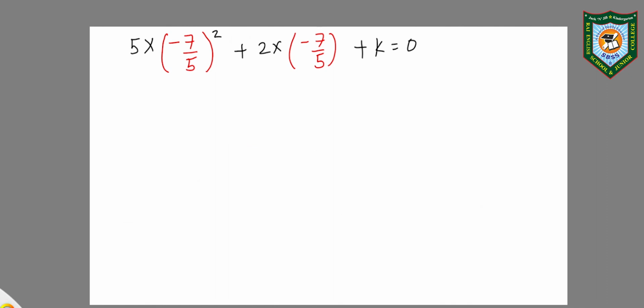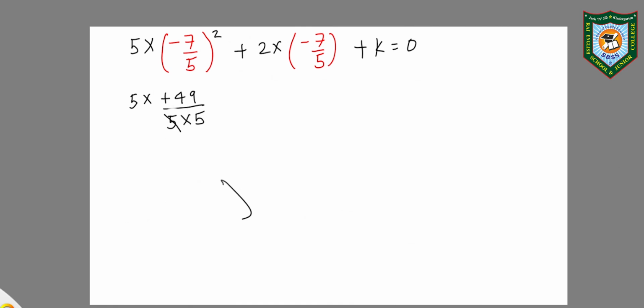Before we write down the next line, we need to first expand this. So 5 into minus 7 square is minus 7 into minus 7. Minus into minus is plus, and 7 into 7 is 49. So I have plus 49 in the numerator and 25 in the denominator. Or we can write this as 5 times 5. 5 square can be written as 5 times 5.